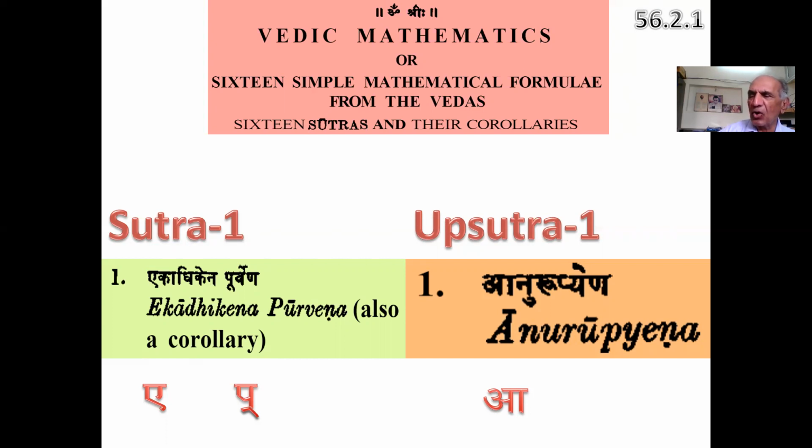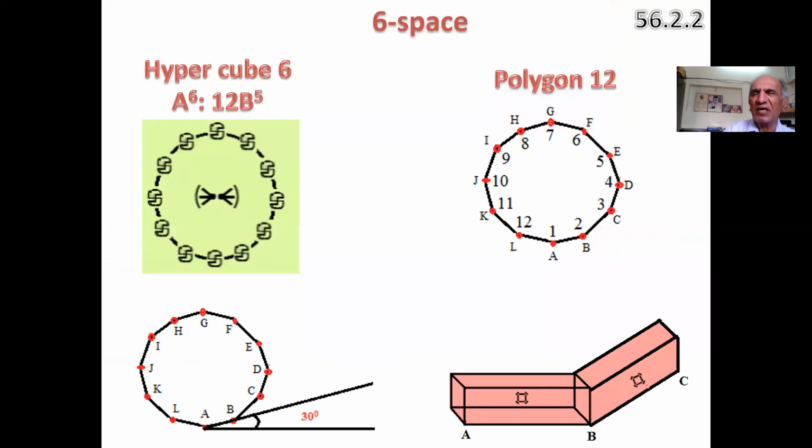It is the interlocking of the artifices of numbers with the dimensional frames which is to be comprehended well. The first letter A of value 6 takes us to 6 space, and hypercube 6 as its representative regular body brings us face to face with domain boundary formulation A raised to the power 6 is to 12 B raised to the power 5.